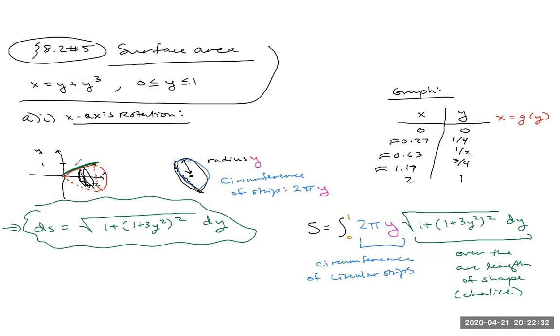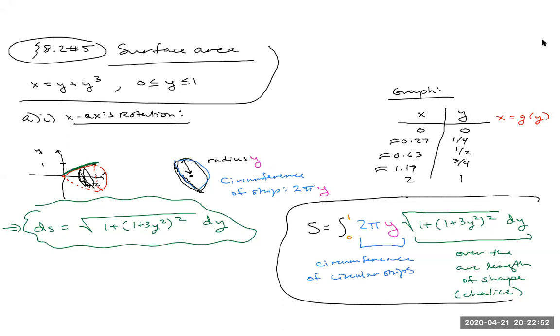So over this arc length, we're just adding up all these little strips. And then remember, as we take the limit as n goes to infinity, the number of strips we have, we get an integral from that. So this is what you should have for that first part. Let me save that, and then let me clear it out.